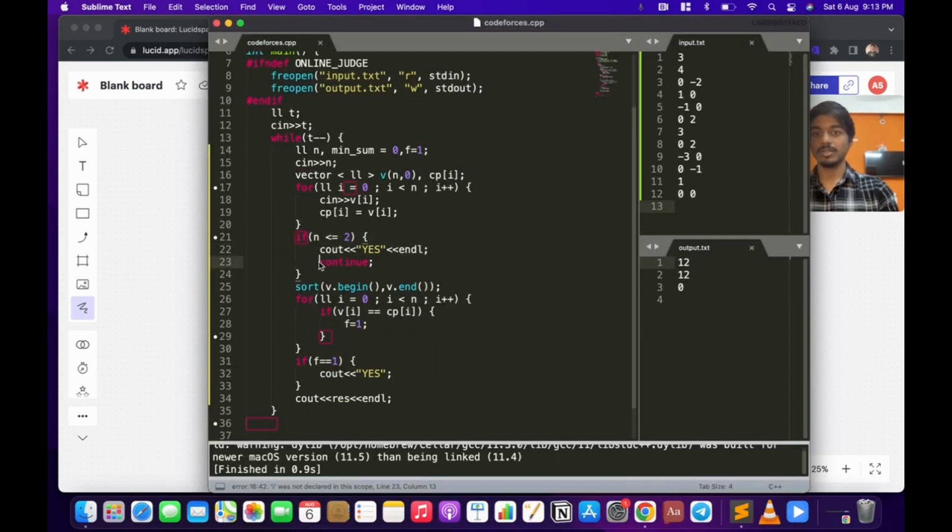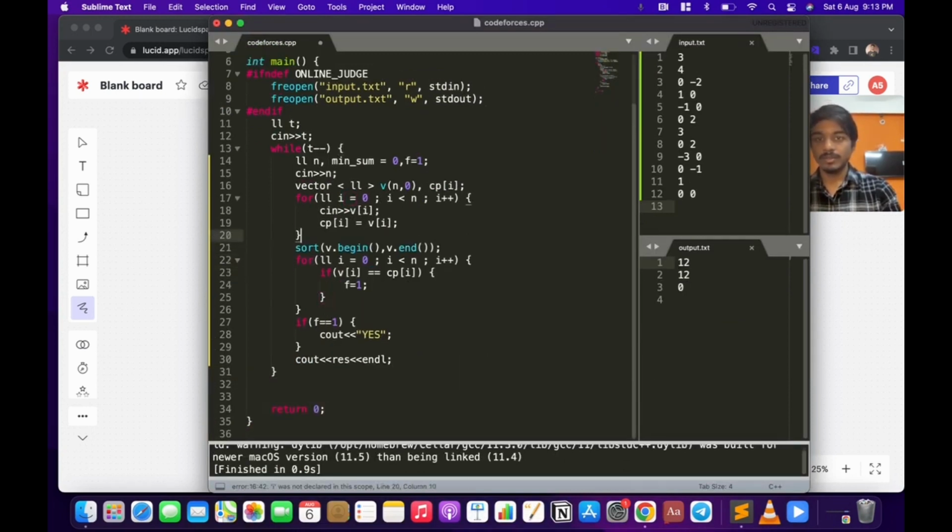Then I don't think this condition is needed. Check for two more conditions. I think I can merge that, but let's see.